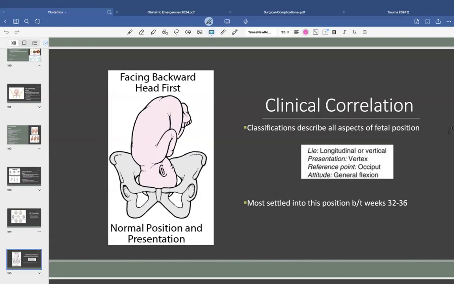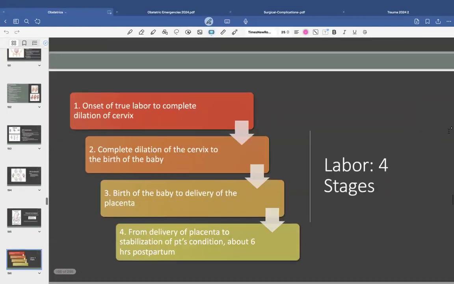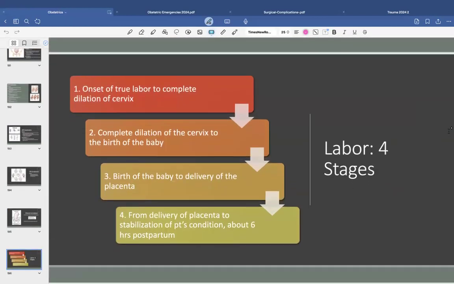All right, let's get into it. Four stages of labor. Number one, the onset of true labor to complete dilation of the cervix. So from true labor versus false labor, which we'll talk about in a second, to the complete dilation of the cervix. And what is complete dilation? How many centimeters?